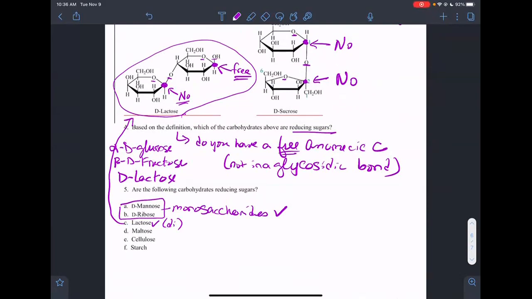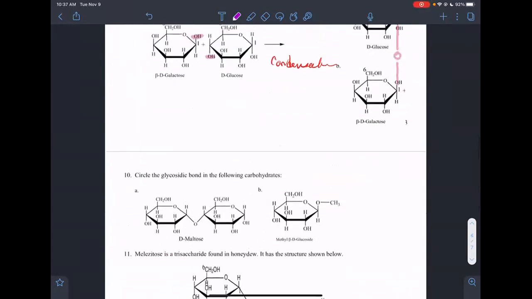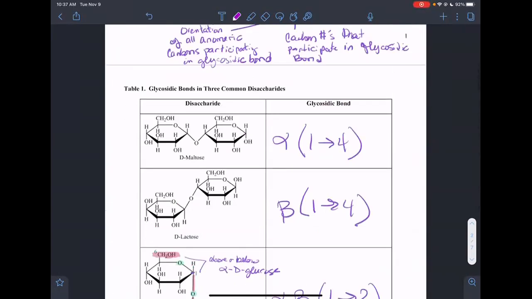Maltose, I'm trying to think if we had maltose. I think maltose is not on here. So if you go from maltose, in our first activity, so in table 1, on page 2 of our first activity, so up here, we go up here, right? Here we have D-maltose.